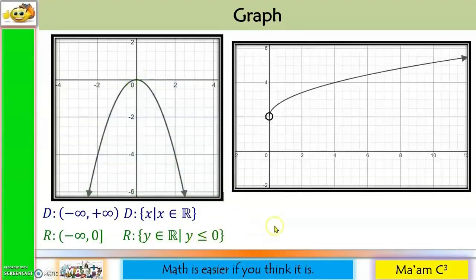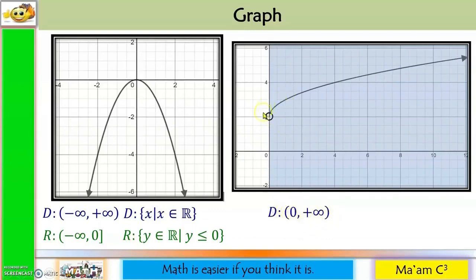Another one. So for the domain coming from the left going to the right. So look at your x-axis. You first see color at 0. And take note that it is open circle. Going to the right, see that arrowhead? It means it has no end. So the domain will be 0 to positive infinity.